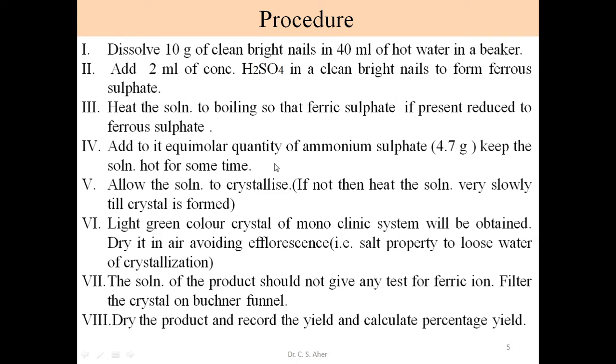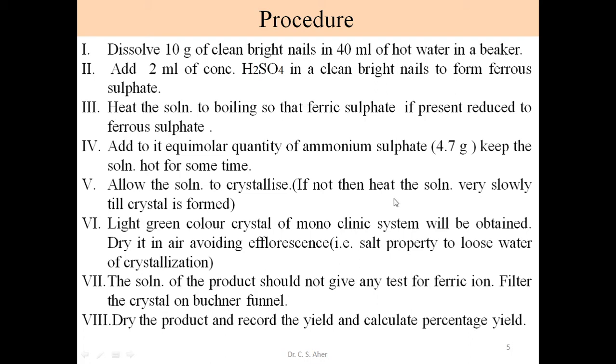Add to it an equimolar quantity of ammonium sulfate, 4.7 gram. Keep the solution hot for some time. Next, allow the solution to crystallize. If crystals are not formed, we heat the solution very slowly till crystals form.